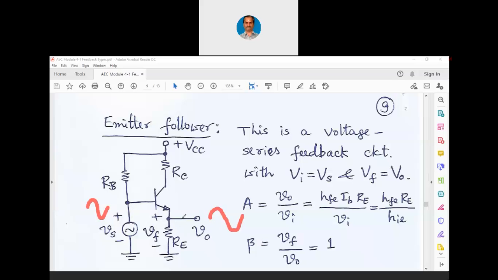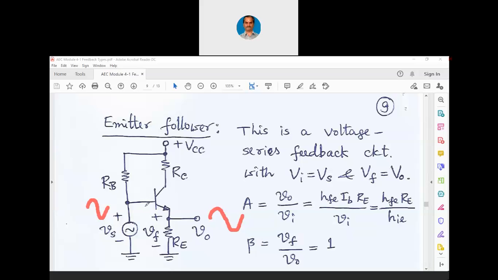But when you compare this V0 with the voltage at Vs, whenever V0 is rising, the emitter is rising to a larger potential, and then the base to emitter junction will be reverse biased. So as such, between Vs and V0 there is no phase shift.